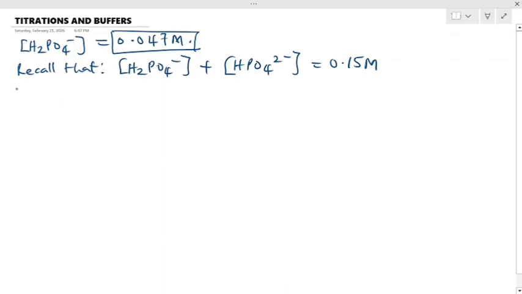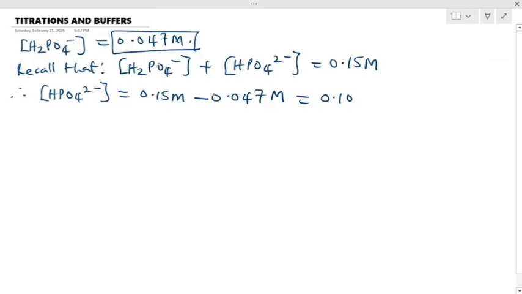So therefore, what you have to solve here for the concentration of HPO4 2 minus is equal to 0.15 molar minus 0.047 molar, and that gives you a value of 0.103 molar.